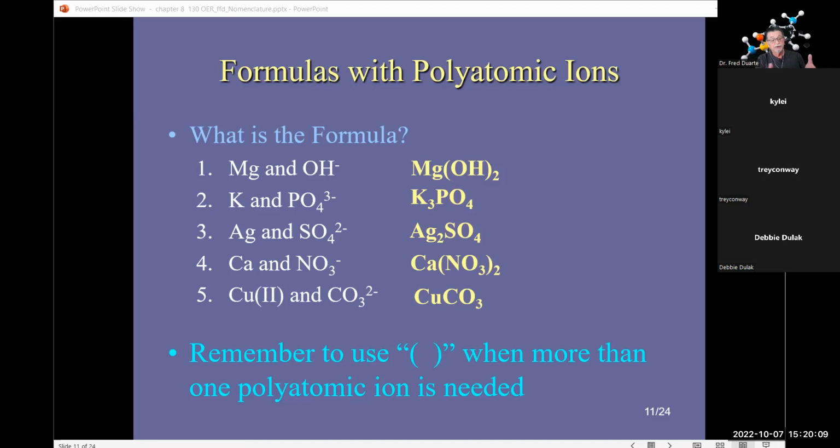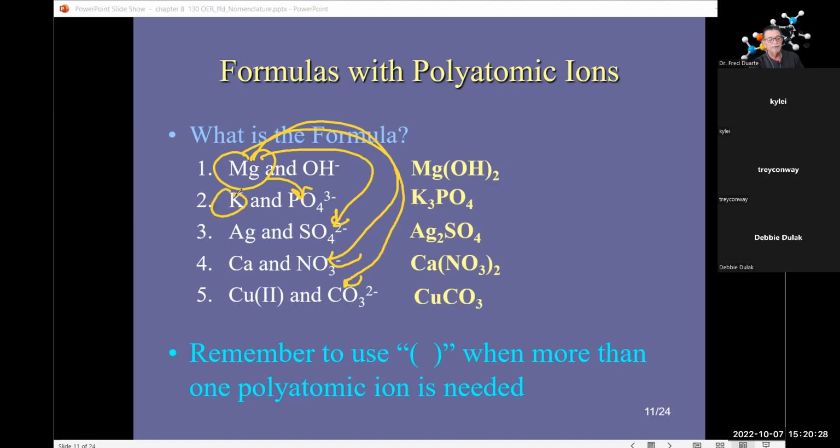Okay, now we've been dealing with these, but keep in mind we can mix and match. So we had magnesium hydroxide, but you can make that magnesium phosphate or sulfate or magnesium nitrate or magnesium carbonate.